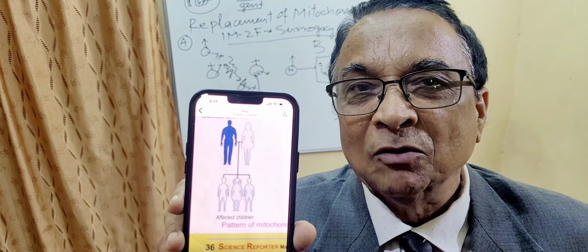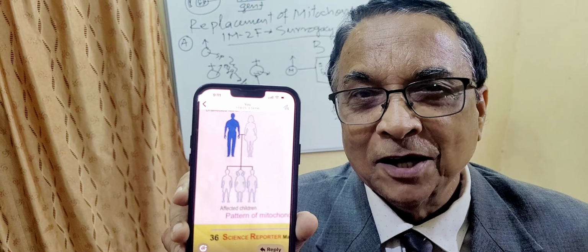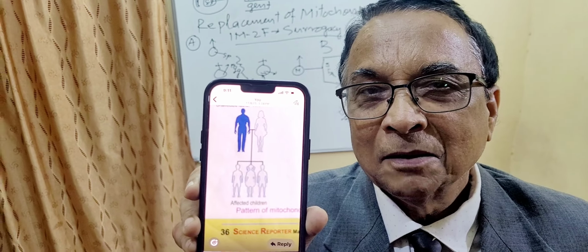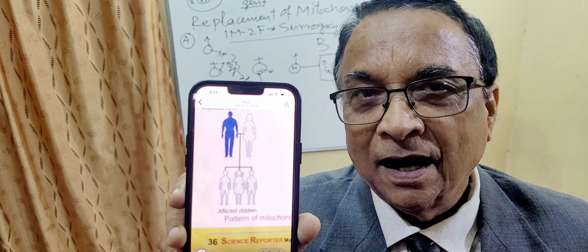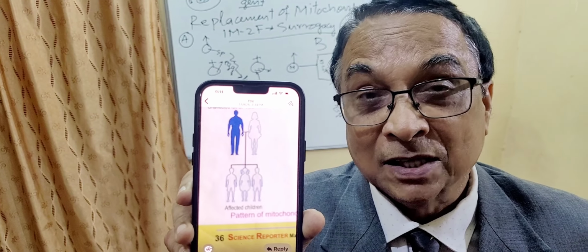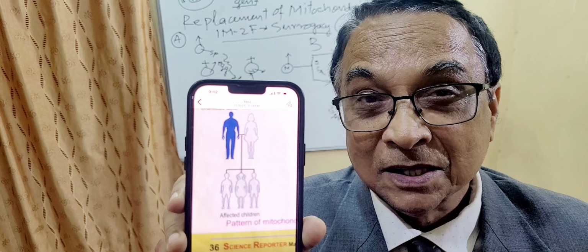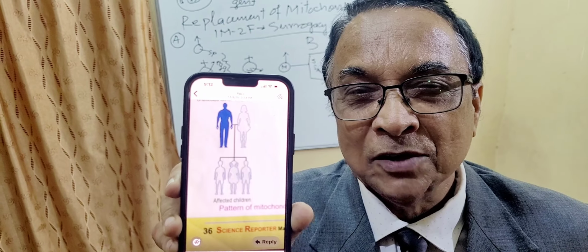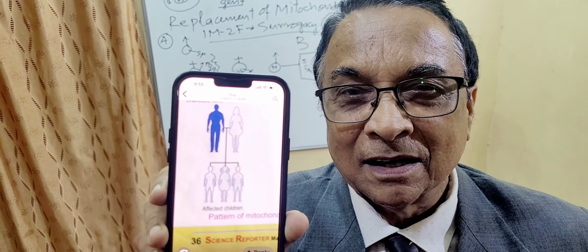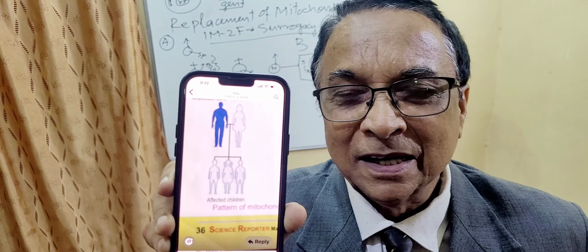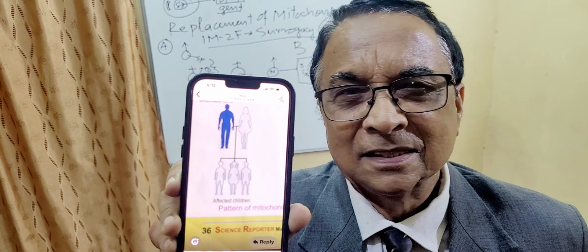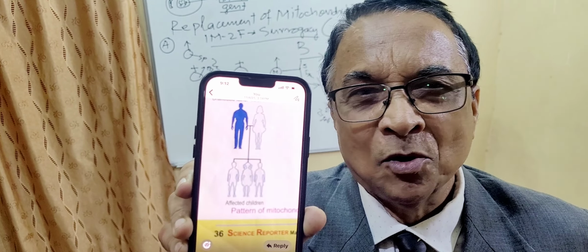So what children will be born, all three will be genetically defective with abnormal mitochondrial DNA, and definitely they will be suffering from different types of diseases like muscle weakness, bone deformation, mental disorder, and also development. Everything will be disturbed, and even their age will not be more. They may die within 7-8 years time.